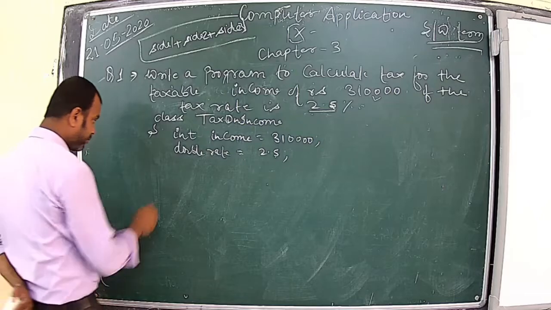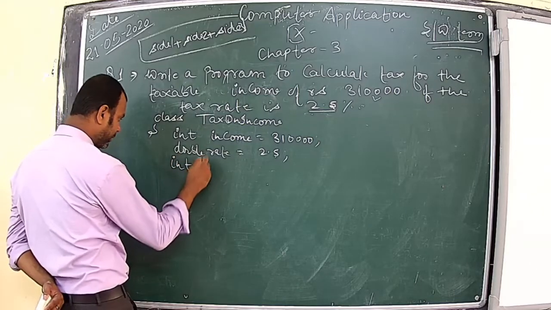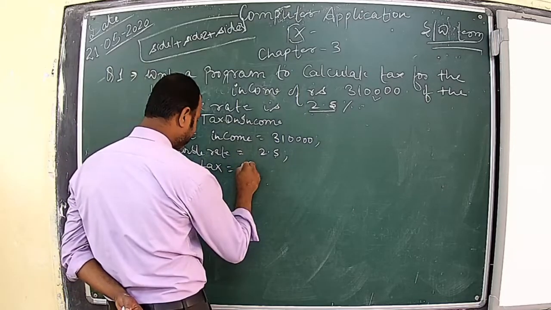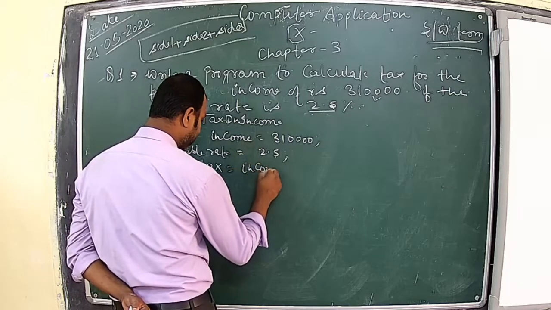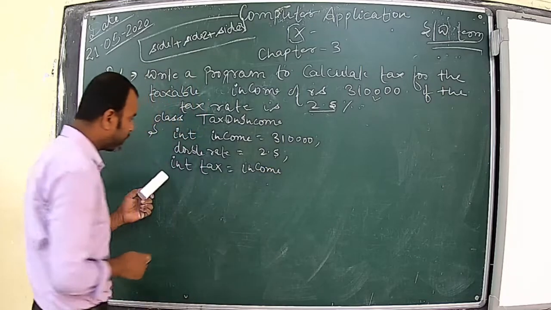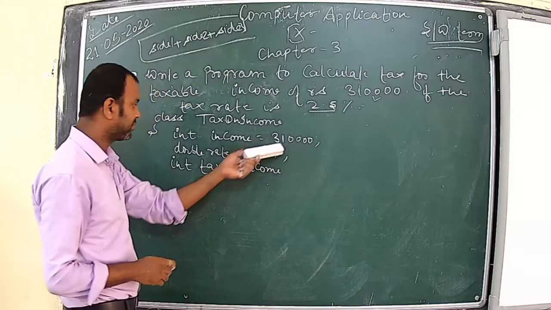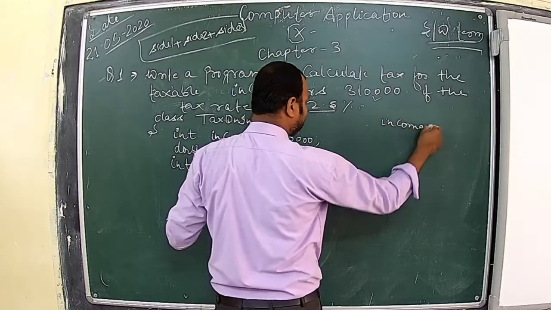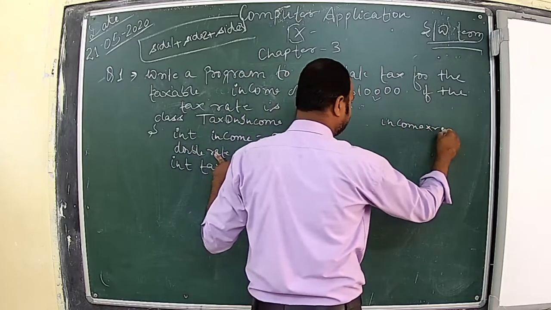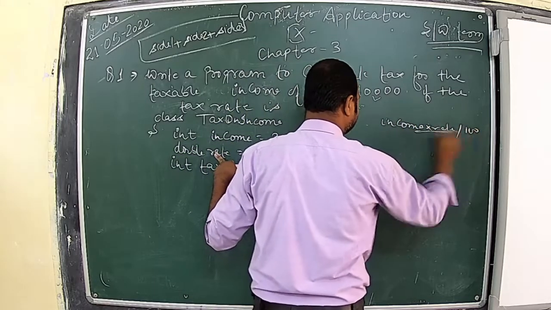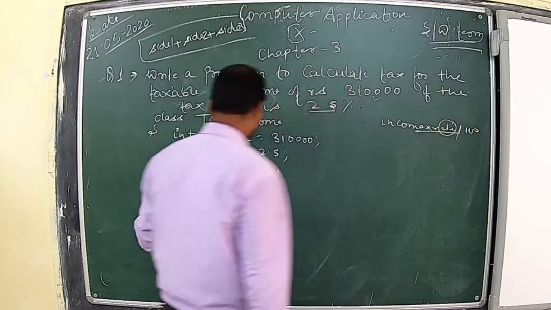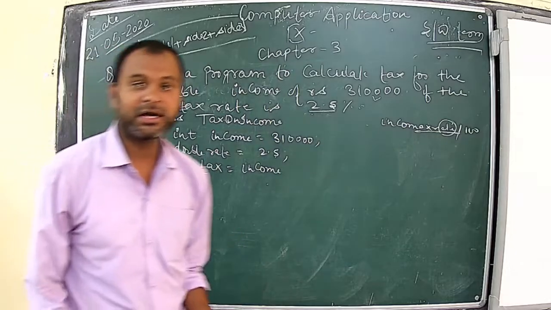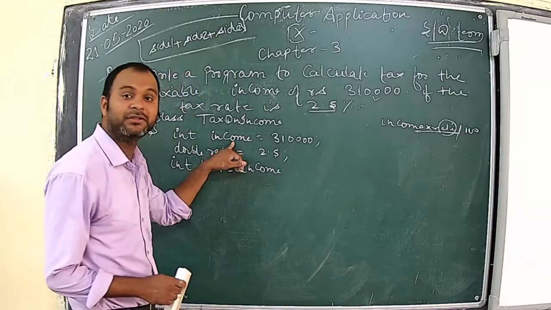Now we'll calculate the tax. So write here int tax equals income into rate divided by 100. This is the way. See, we are having double here, and double will contain a higher data value than integer.